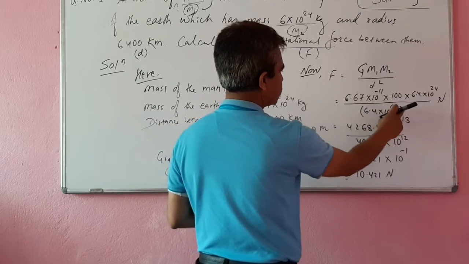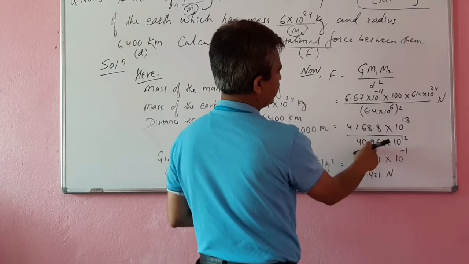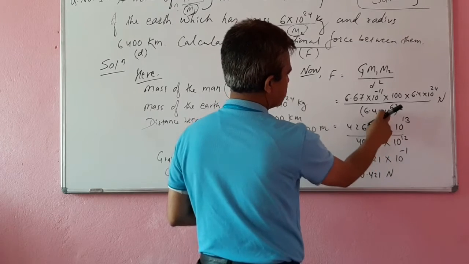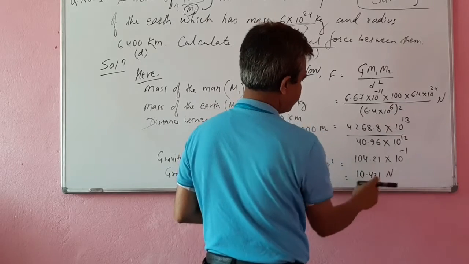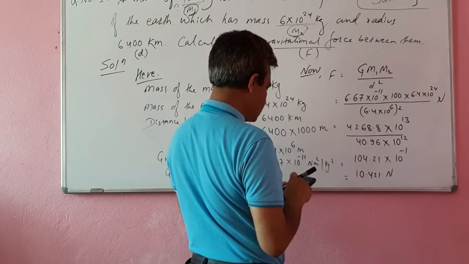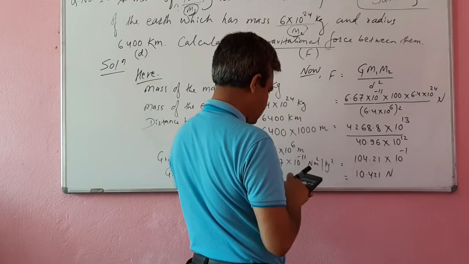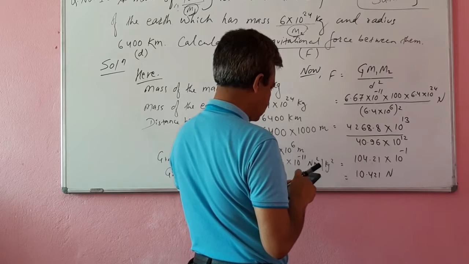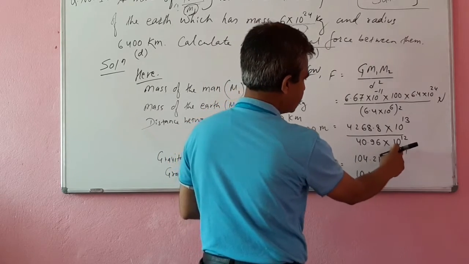Now 6.4 square is 40.96. Then 10 to the power 6 whole square is 10 to the power 12. When you divide 4268.8 by 40.96, you will get 104.21 multiplied by 10 to the power 1.